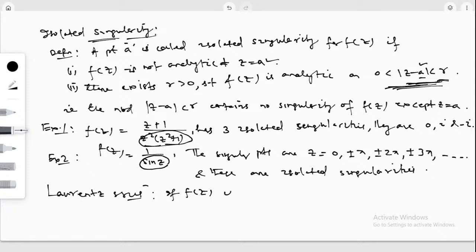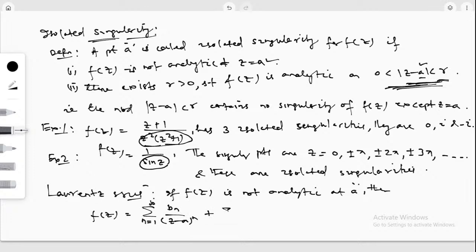If f of z is not analytic at a, then f of z can be represented as positive and negative powers of z minus a, that is, the summation of n from 1 to infinity of bn divided by (z minus a) to the power n, plus the summation of n from 0 to infinity of an times (z minus a) to the power n.